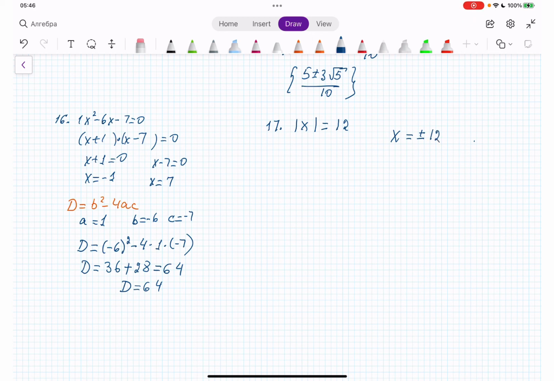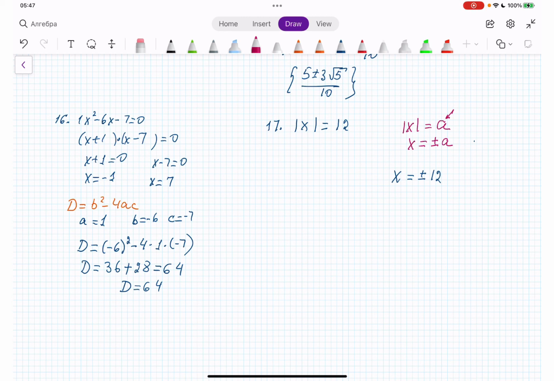Let me write down a template here. If we have absolute value of x equal to some number a, and this is a real number, we know how much it is, then x is going to be equal to positive and negative a. Because it's equal to positive and negative, we put x in the form of absolute value, these two straight lines, which represent absolute value.